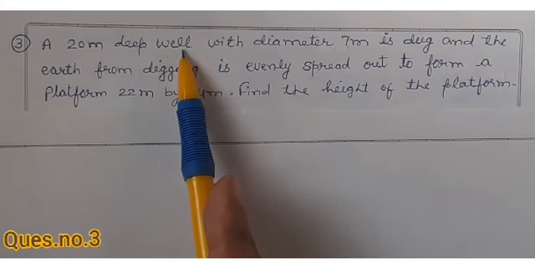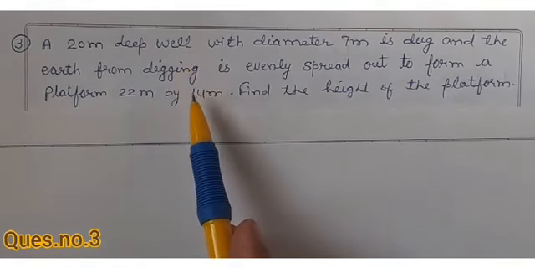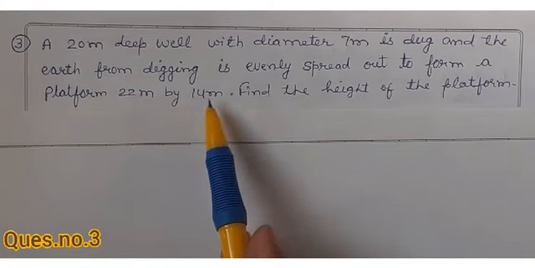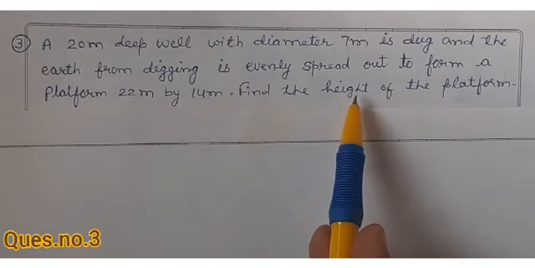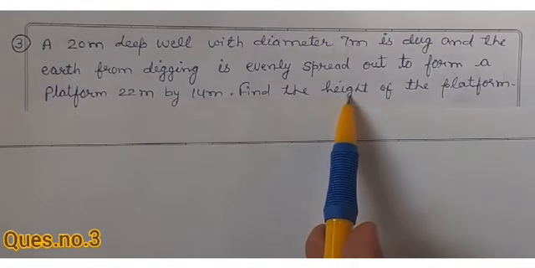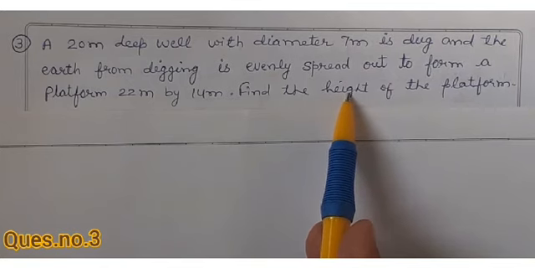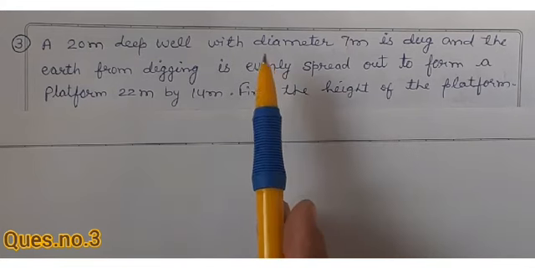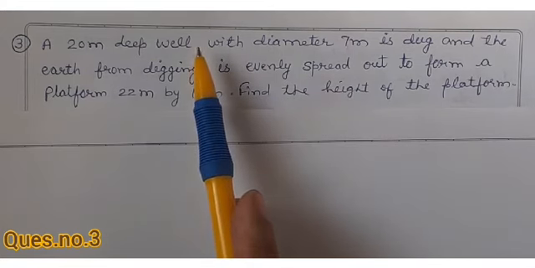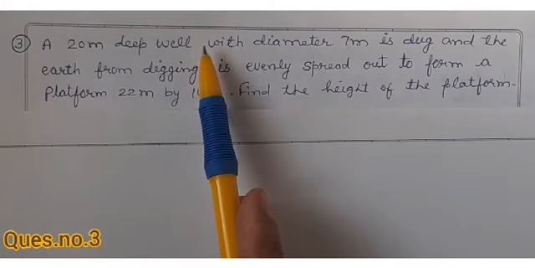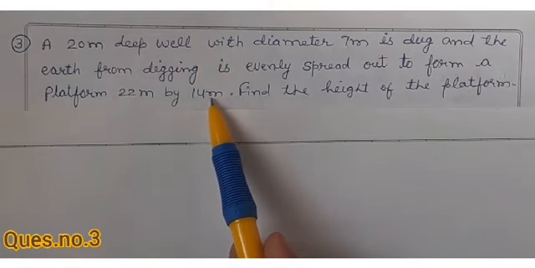The well is in the form of a cylinder, and the platform's length and breadth are given. You have to find the height of the platform. It means we are going to make one platform in the shape of a cuboid. So the volume of earth taken out from the well is equal to the volume of the platform, which is in the shape of a cuboid.